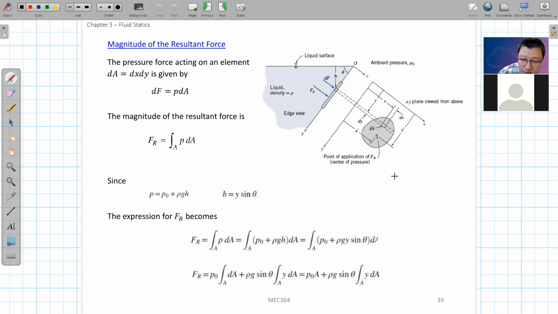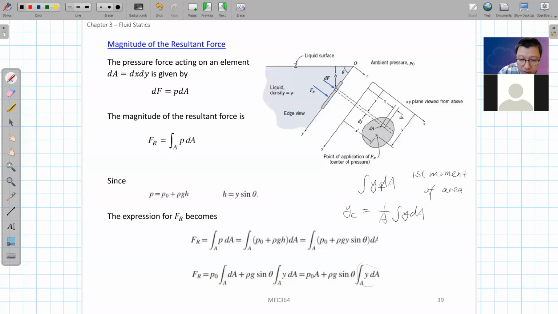And if you took your statics or mechanics class before, we know that the integral of y dA is the first moment of the area, right? And also the centroid of this surface, y_c, is given by the integral of y dA divided by A. So in other words, this integral can be represented by y_c, the y coordinate of the centroid, times the surface area.